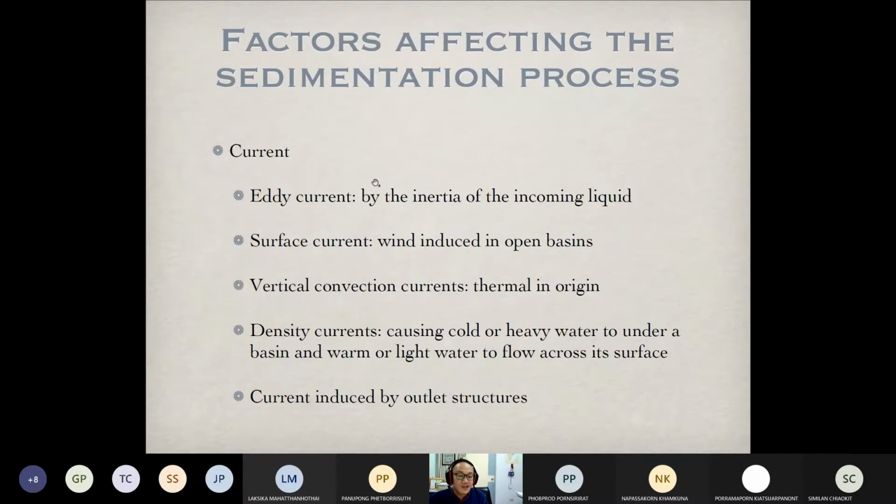Other types of currents are due to density differences. Hot water is normally lighter than cold water.